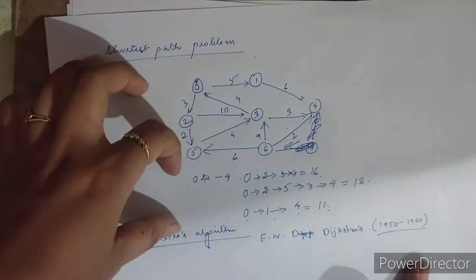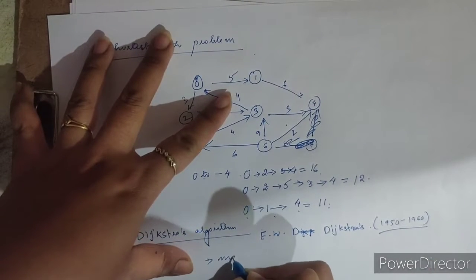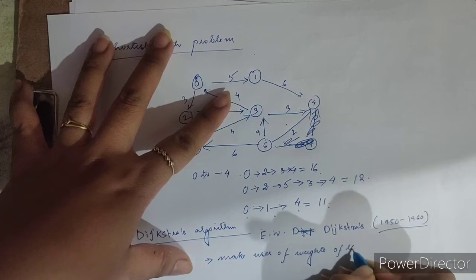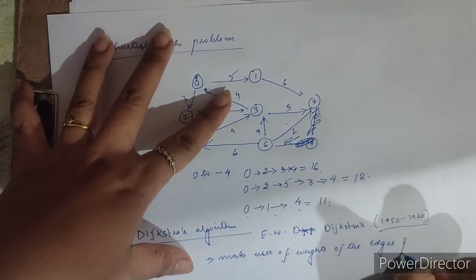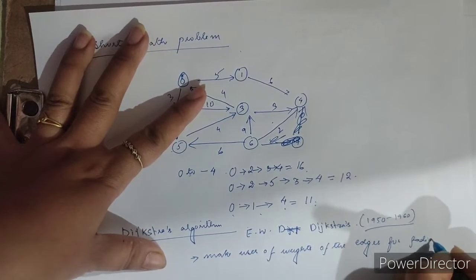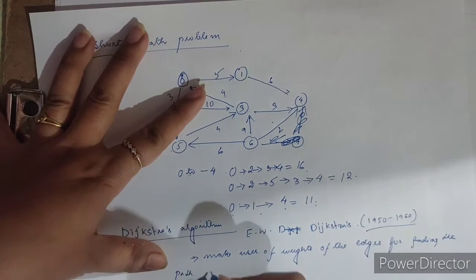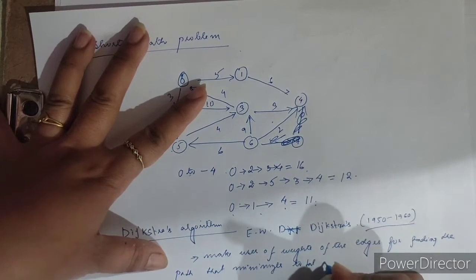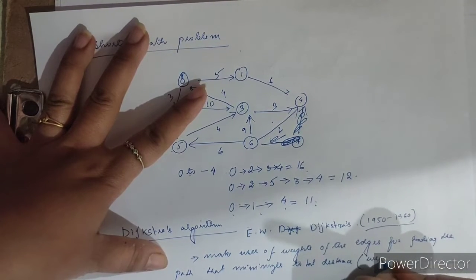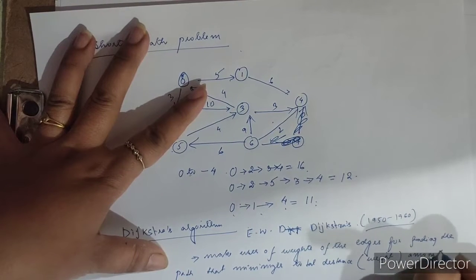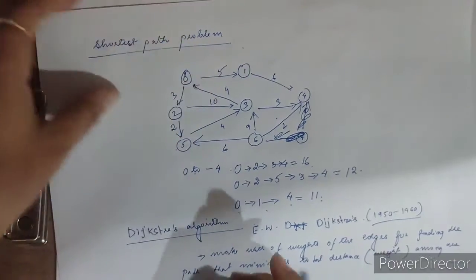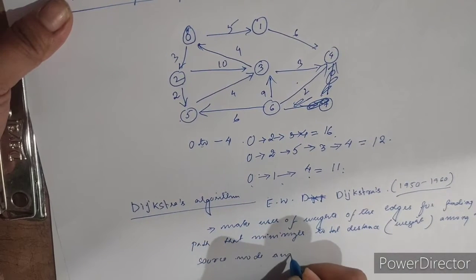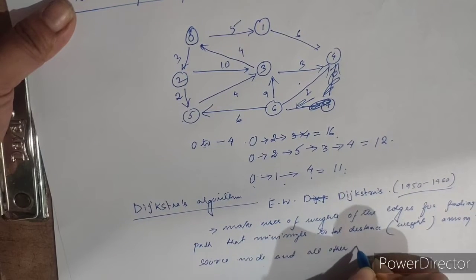This Dijkstra algorithm makes use of the weights of the edges for finding the path that minimizes the total distance, that means total weight, between the source node and all other nodes or vertices.